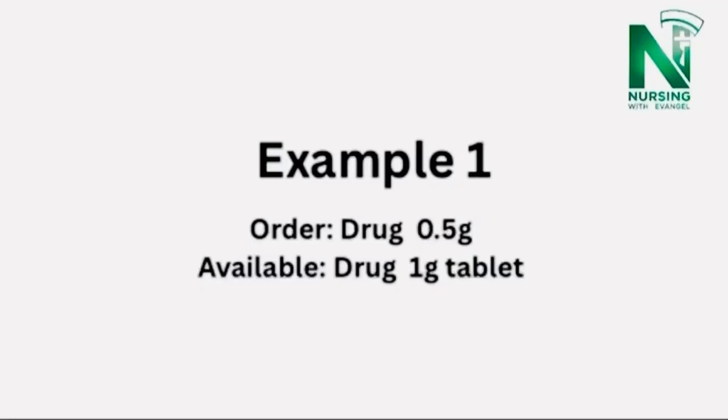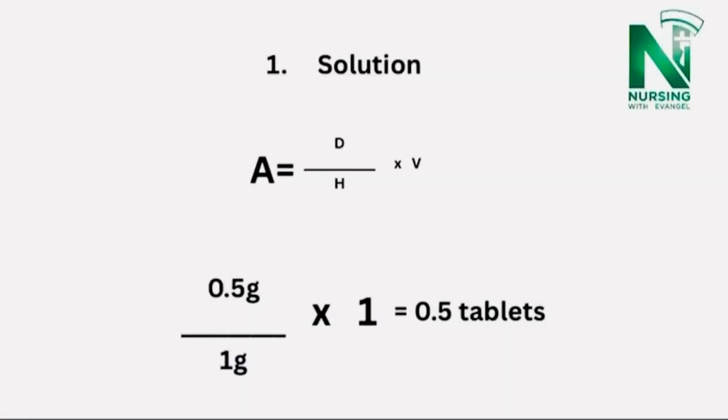Now let's take a first example. The doctor orders a drug of 0.5 grams, which happens 2 times a day. And this drug comes in 1 gram tablets. So what do you do? You employ your D over H times V formula. So our D in this case, that is the desired dose, is 0.5 grams. And the presentation of this drug is 1 tablet.